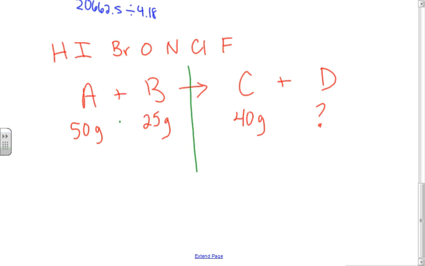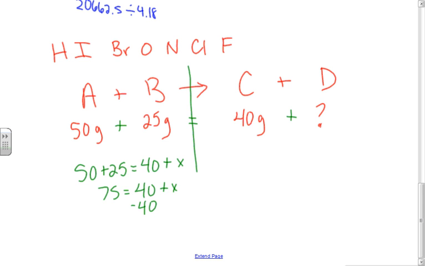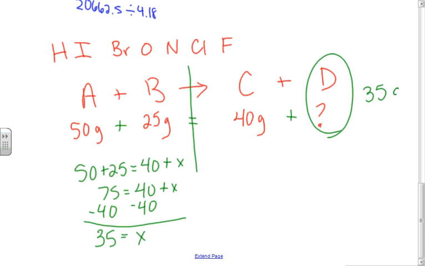So we can just kind of put in plus signs and an equal sign, and we just have an algebra problem. We have 50 plus 25 equals 40 plus x. So we have 75 equals 40 plus x. Subtract 40 from each side, and we're left with 35. So we could find out that this is actually going to be 35 grams worth. So we can find out what that missing mass value would be.